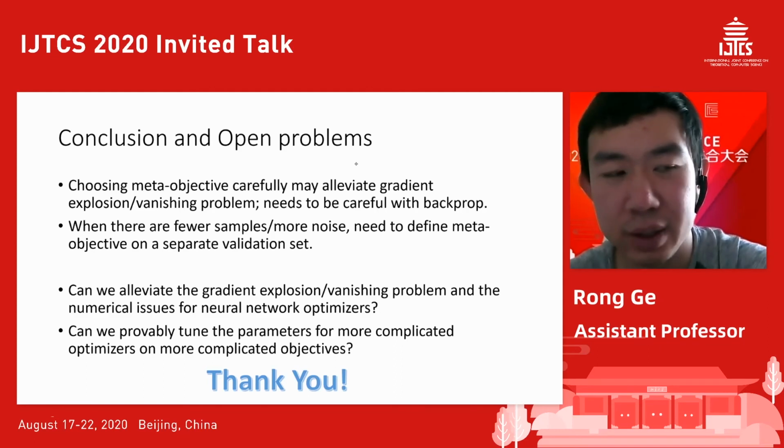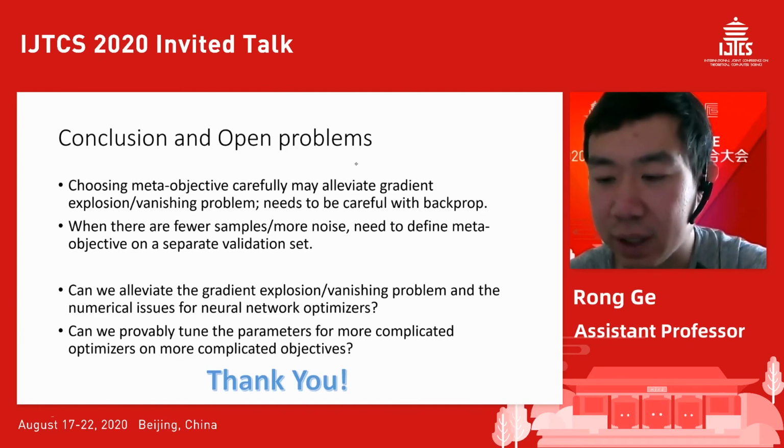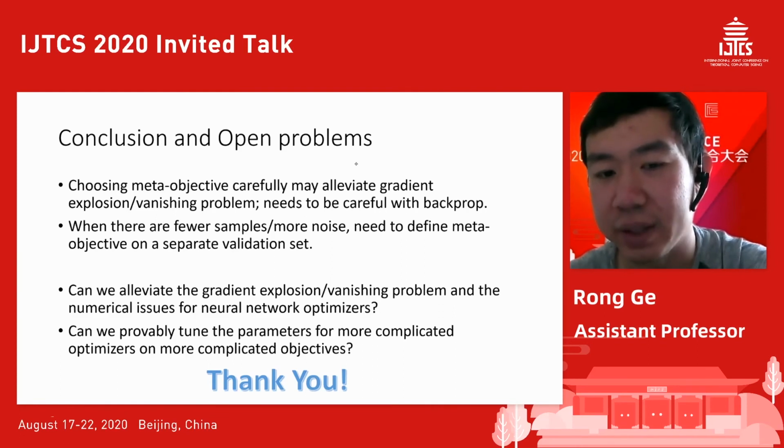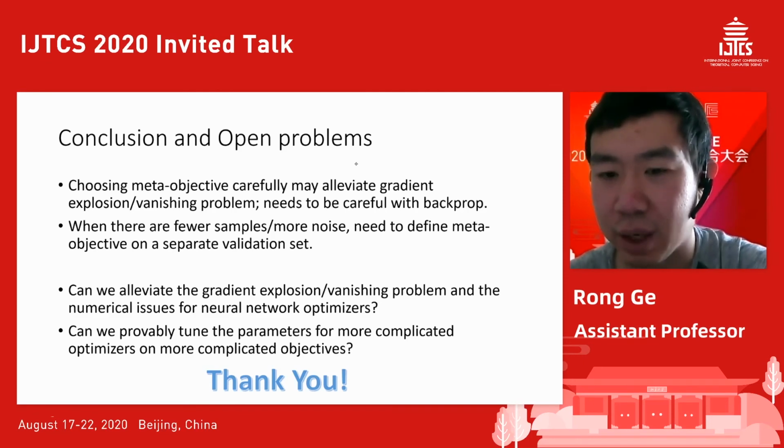It really depends. In our case, the gradient vanishing problem happens because the objective function itself is actually exponentially small. So if you have another setting where the reason that gradient vanishing happens is very similar, then it is possible that the same approach would work. On the other hand, there could be other reasons for gradient vanishing.